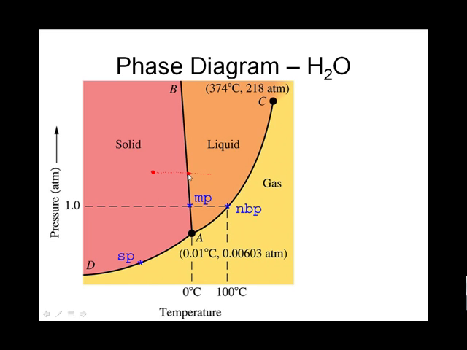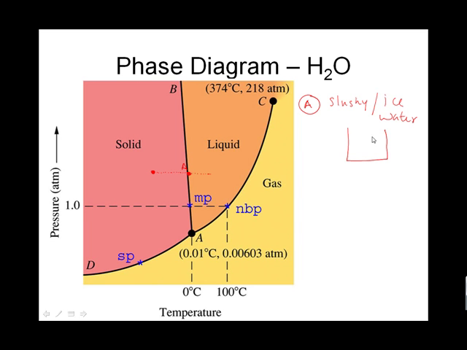What does water look like right on here? So I'm going to call that my point A. What does my water look like at point A? It looks like slushy, or it looks like ice water.